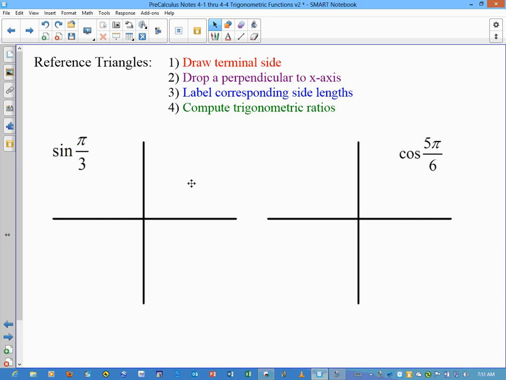For reference triangles, we're going to first draw our terminal side. I'll start with the sine of pi over 3 as our first example. We're going to take our coordinate plane. We have 0 degrees or 0 radians. Then you have pi over 2, pi, 3 pi over 2, 2 pi, etc. For pi over 3, that would be 1/3 of pi, pi being a full 180-degree turn.